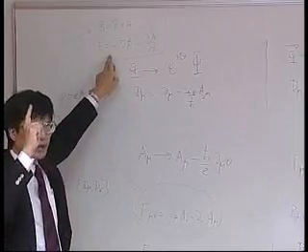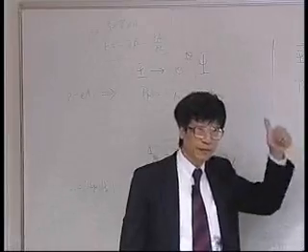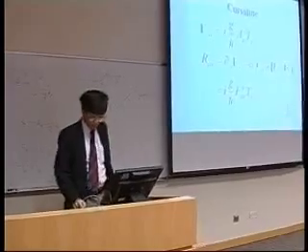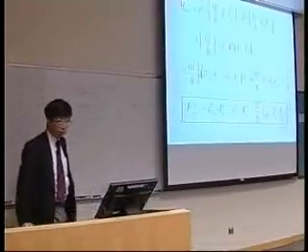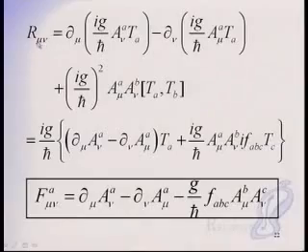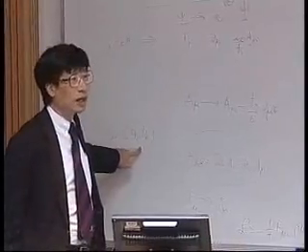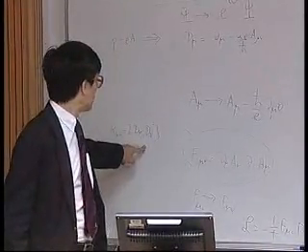Now I want to find the analogous expression on this side, how the fields are related to the potentials. So I start with the definition of the curvature tensor. Remember, the curvature tensor is just the commutator between two D's.